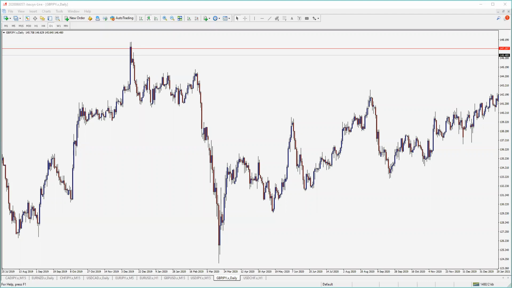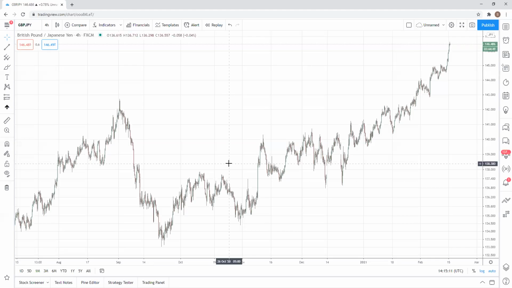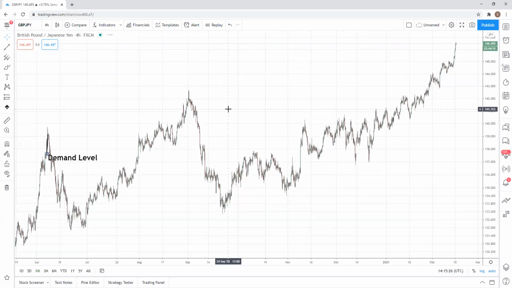I'll just need to take a new share. I think you should see it now. Okay, let me know if you see the pound against the yen on the TradingView platform. Is that what you see now on your screen? Yes, excellent, great, thank you very much.